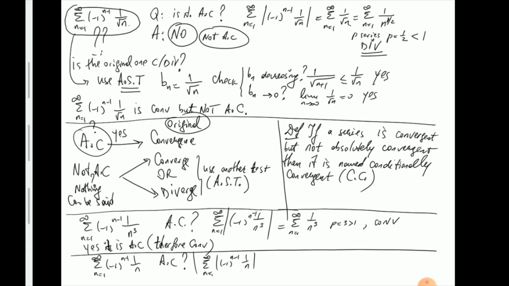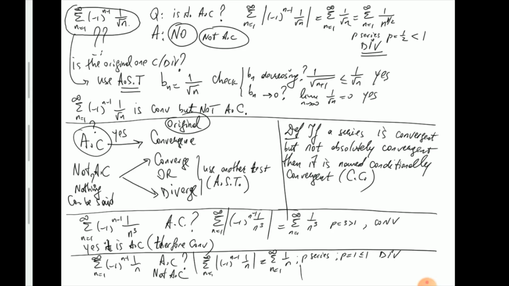Doesn't have to be, but just to keep the pattern. This is a p-series with p equals 1, which is less than or equal to 1, obviously, so it's divergent. So it's not absolutely convergent.